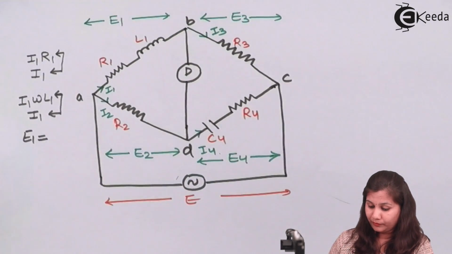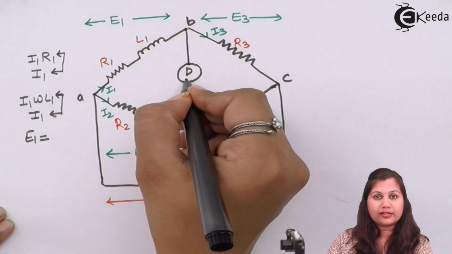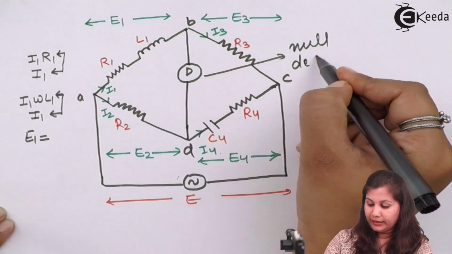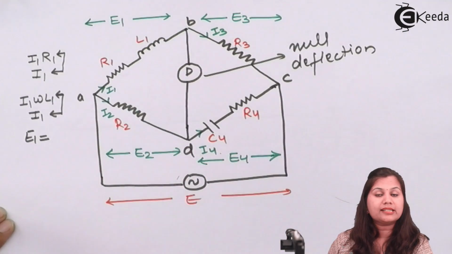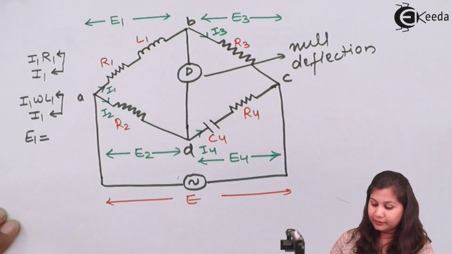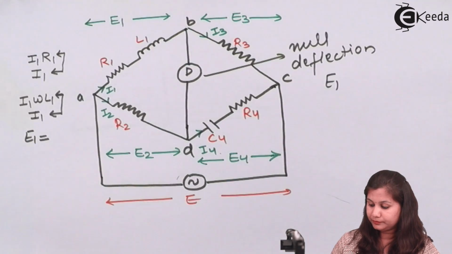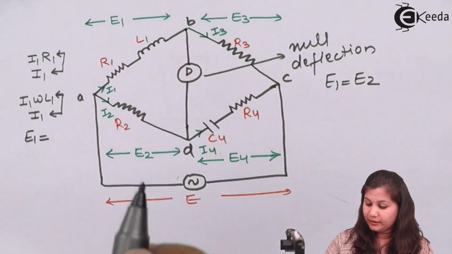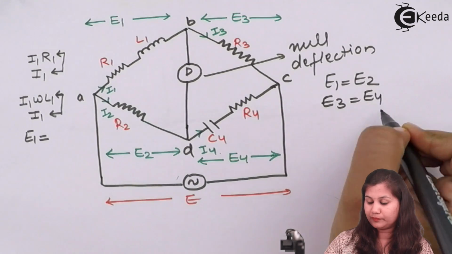Now when this bridge is balanced, the detector is going to give us a null deflection. Null deflection means that the points B and D are at the same potential. Same potential means that voltage drop E1 will be equal to E2, and the voltage drop E3 will be equal to E4.